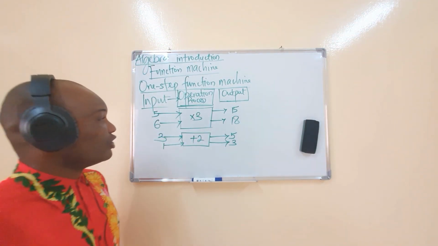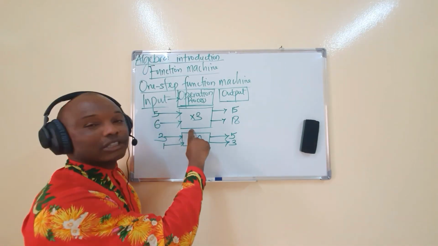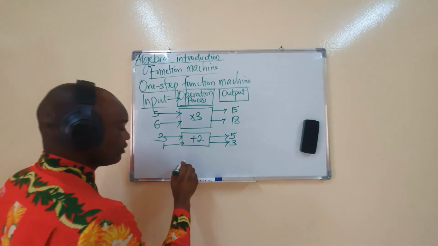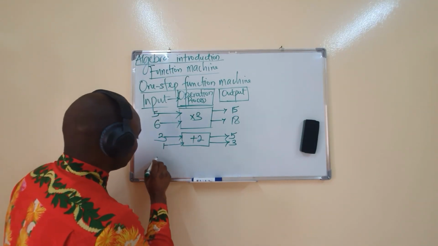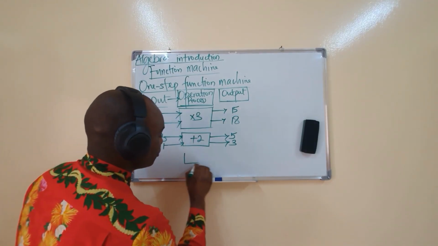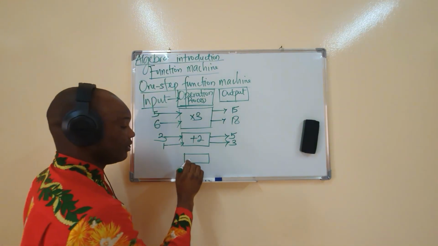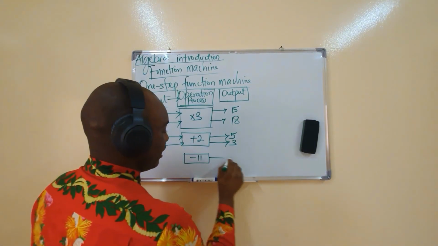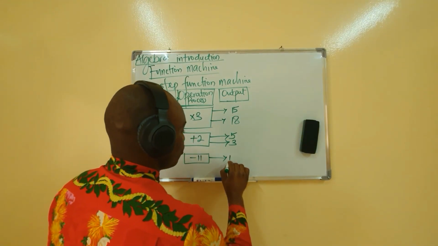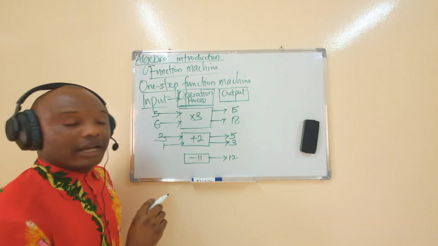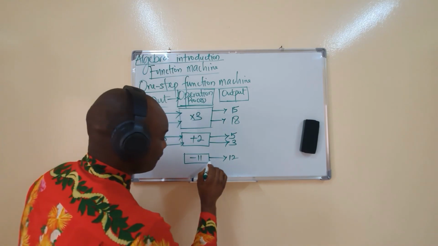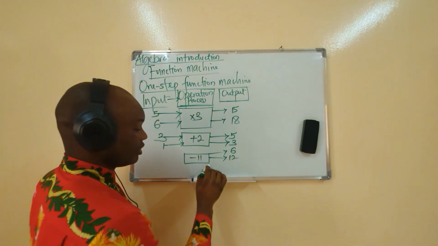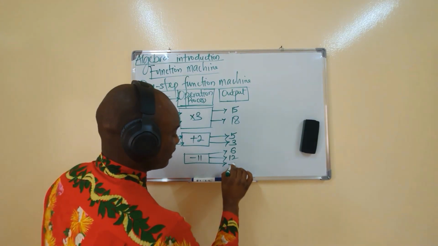Now let us try a situation where we are given the process stage and the output. Let's find the input. What is going to happen if a particular number goes through a process of minus 11 and then the output yields 12? And also, what if the output yielded first the number 6, and what if the output yielded negative 3?